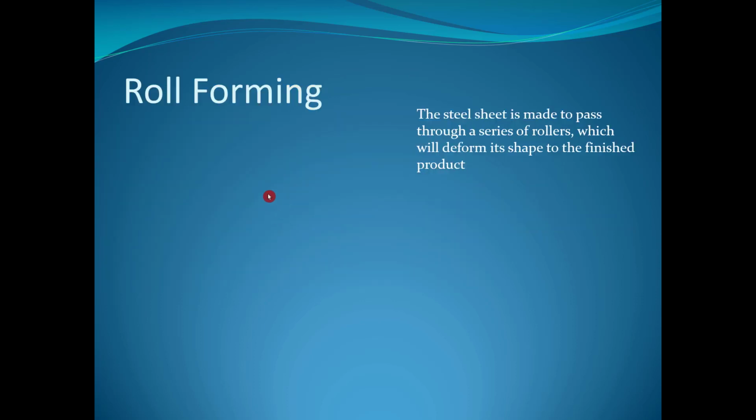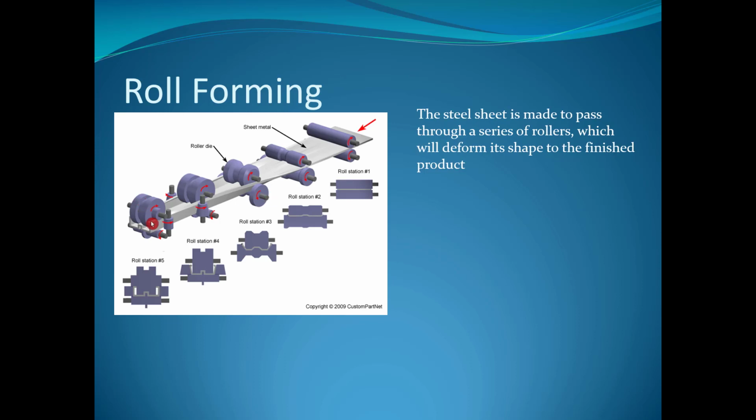Regarding the method of forming cold formed steel, we discussed that we have a steel sheet. The steel sheet is passed through a set of properly arranged rollers, and at the end we get the required cross section. Here, the figure shows how channel sections are made from cold formed steel sheets.